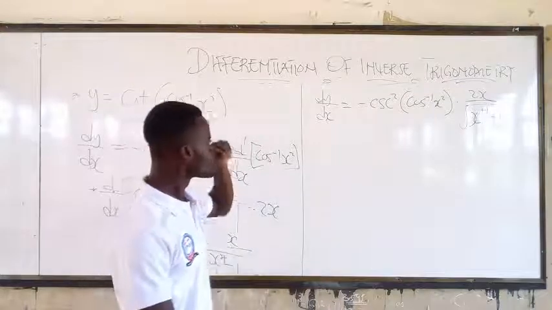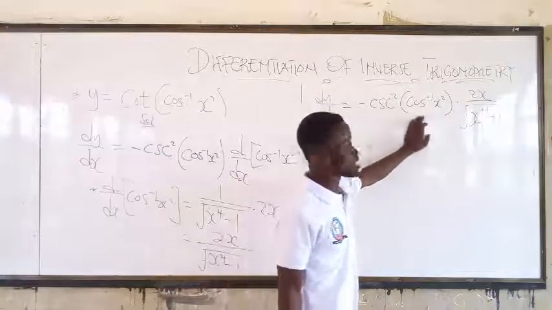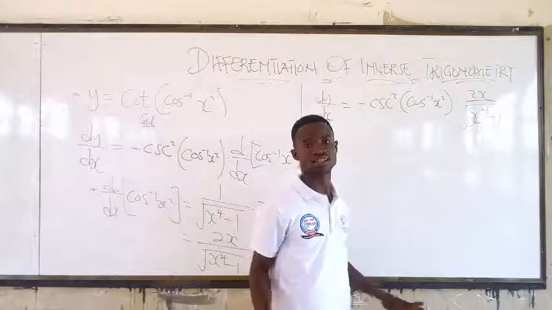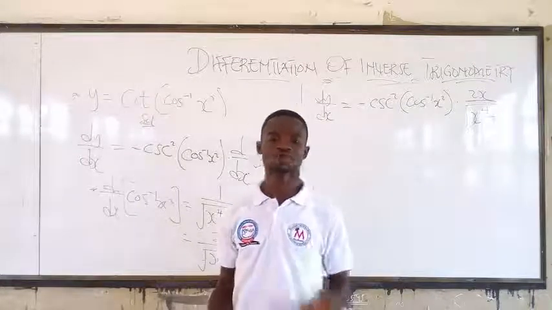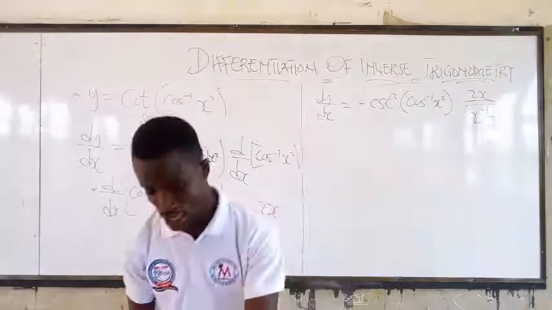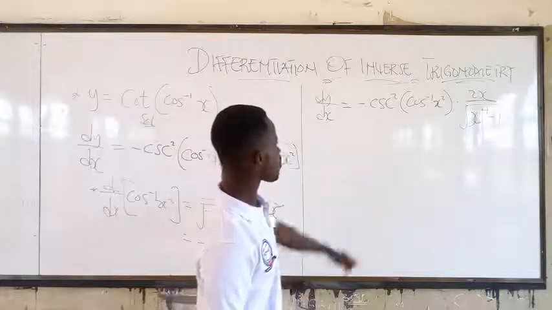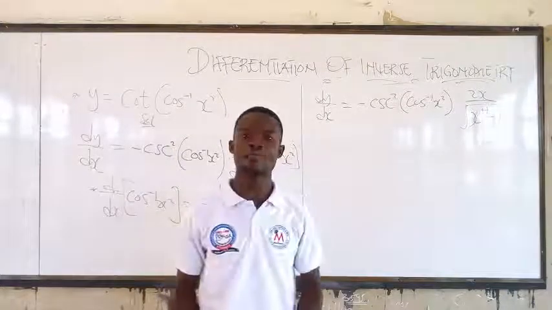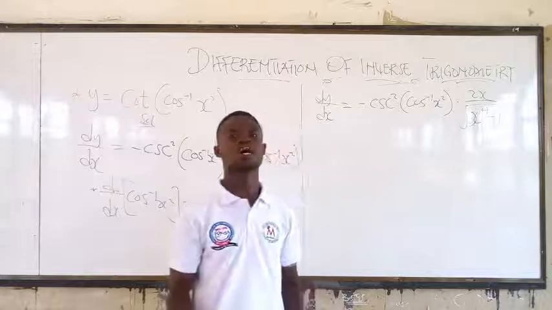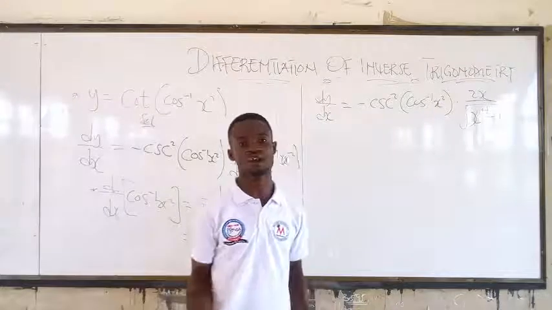Alright. So now, having this question, you are done. Yeah, you are done. But you can still reduce it. And if you want to reduce what we have here, then you have to apply your idea of how to evaluate what? Trig functions.